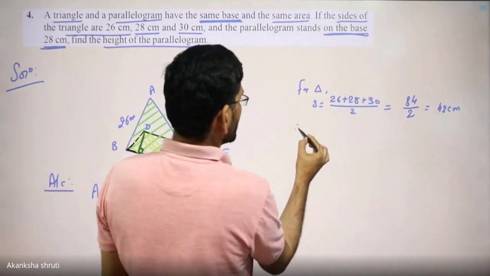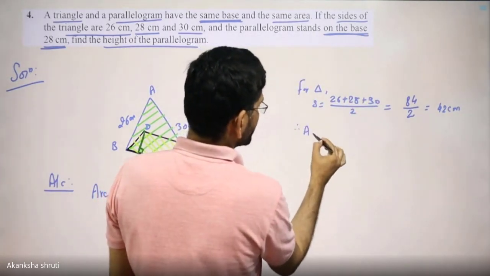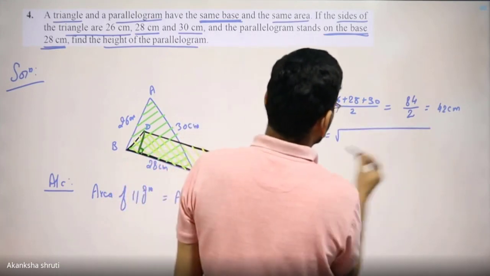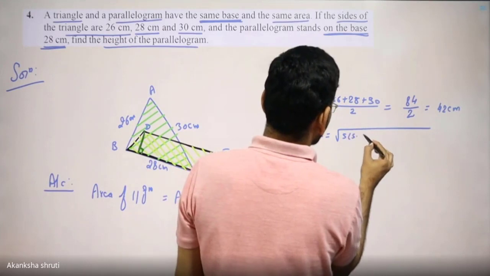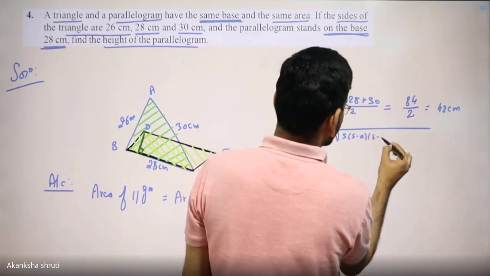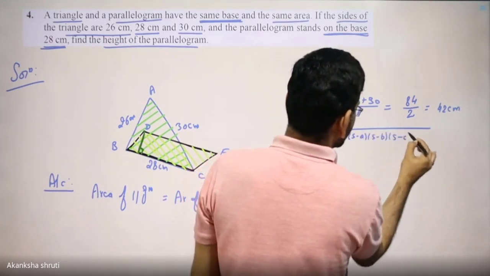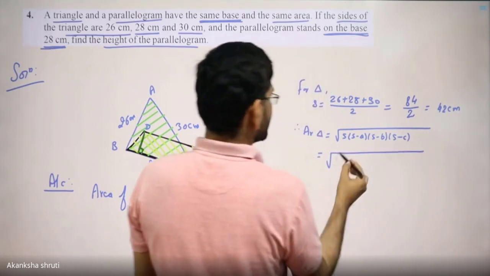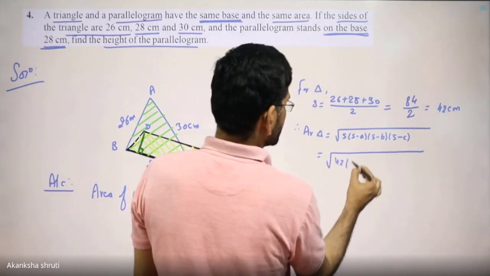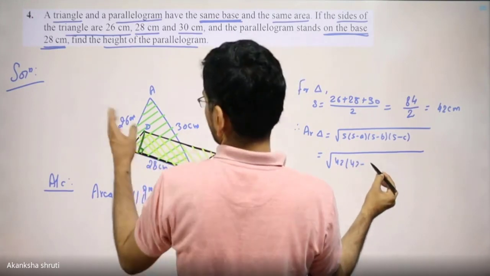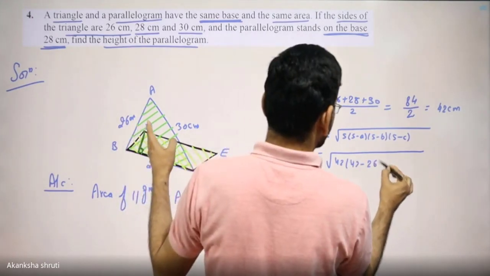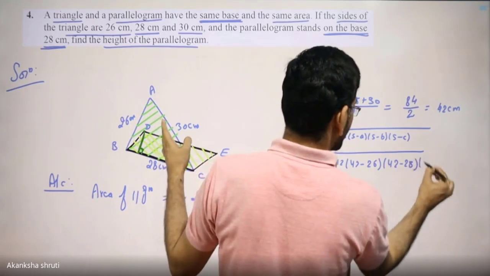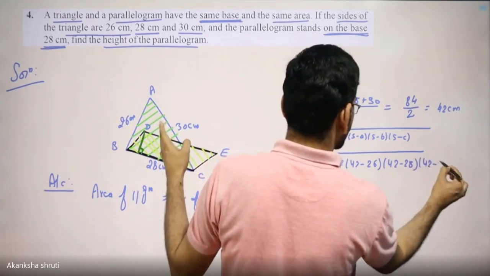Therefore, what is the area of this triangle? It will be the square root of S into S minus A, S minus B, S minus C. Let us calculate it here. It will be 42, then 42 minus A, which is 26, then 42 minus 28, then 42 minus 30.